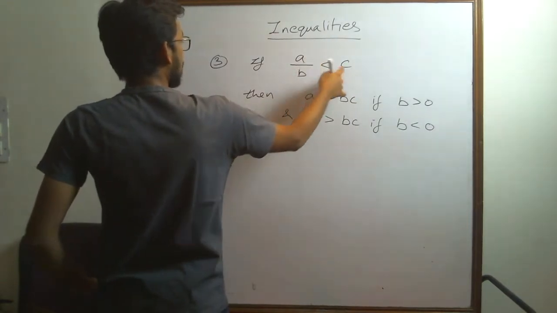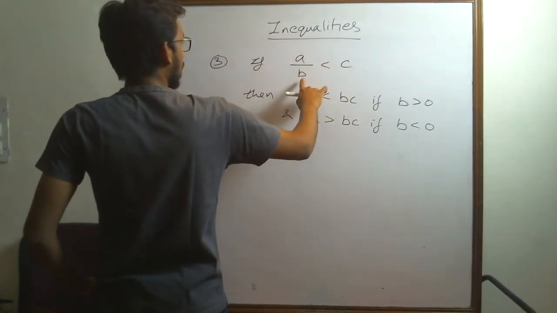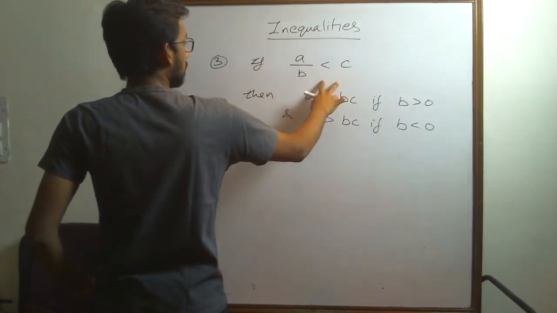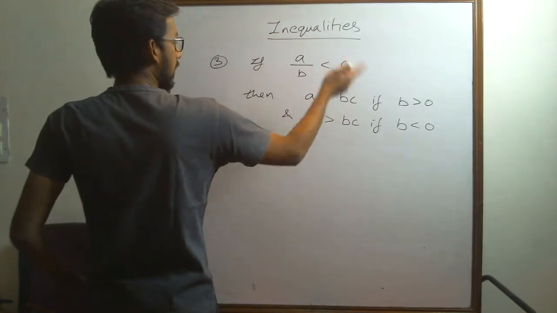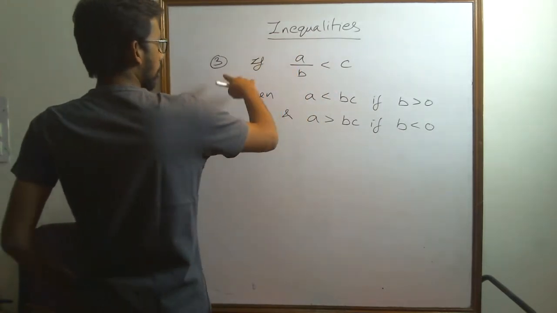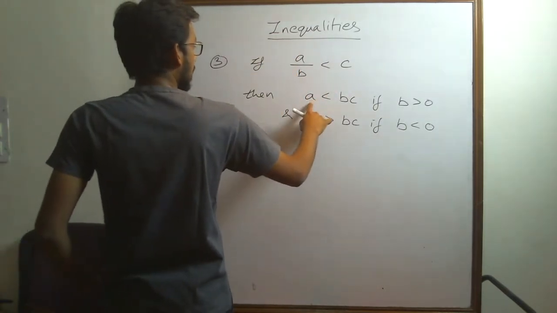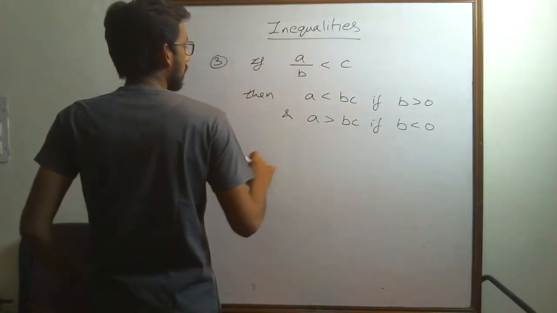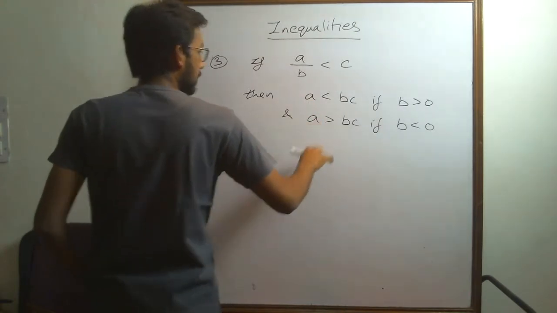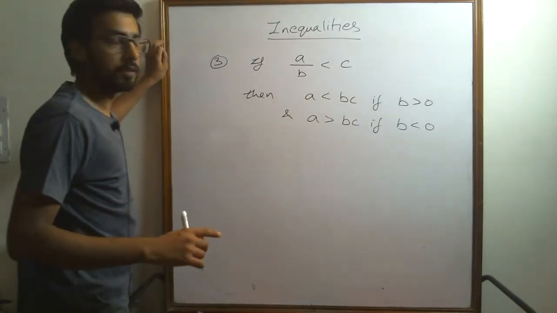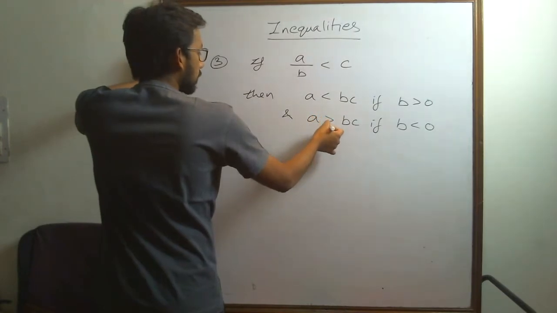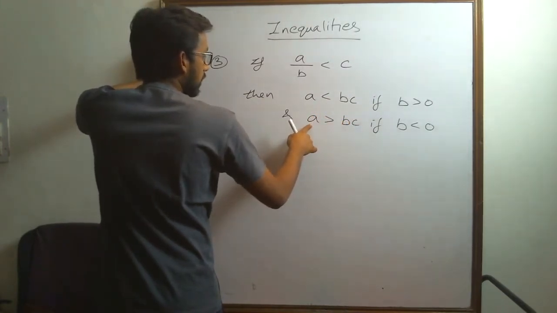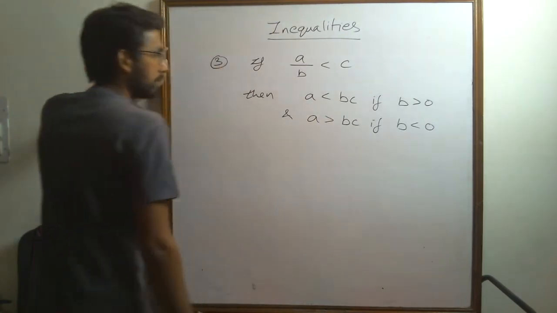Say we have A upon B is less than C. If I multiply both sides by B and B is positive, then the inequality remains the same, as we studied in the last point. Then A is less than B into C, B gets cancelled on this side. If I multiply by B on both sides and B is negative, then the inequality will reverse itself as B is a negative number. So the inequality becomes A is greater than B into C.